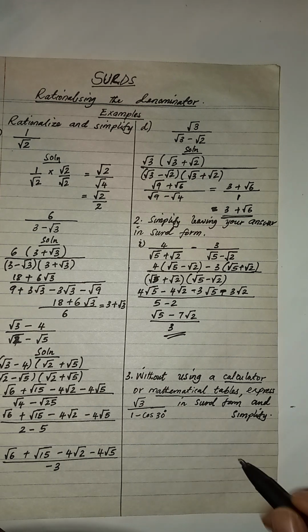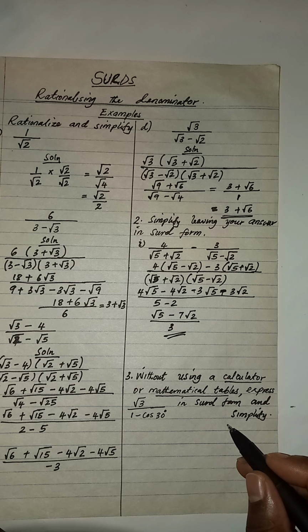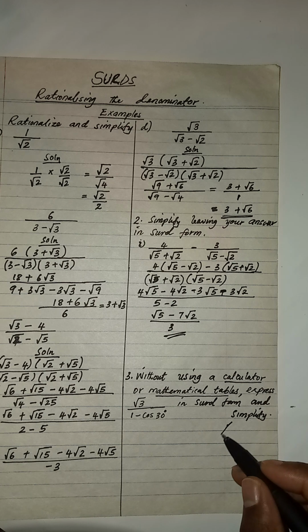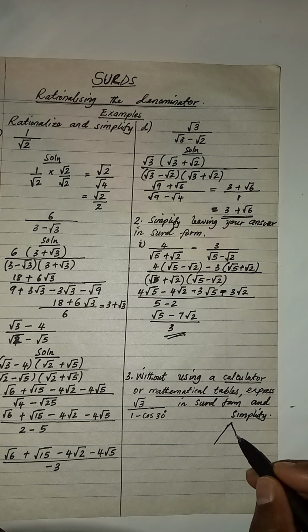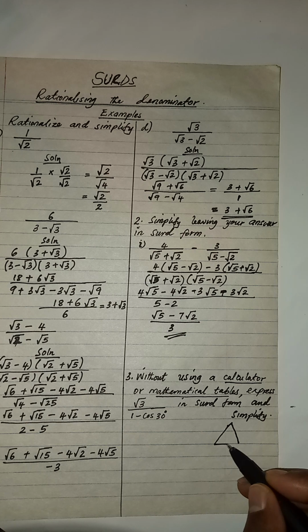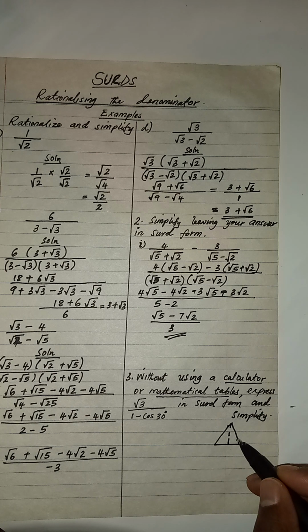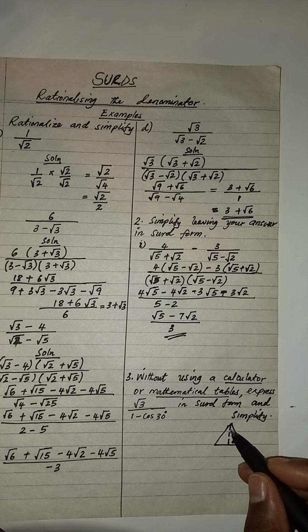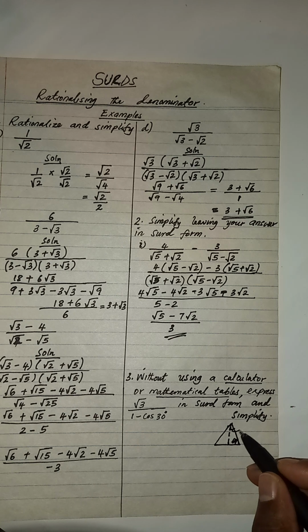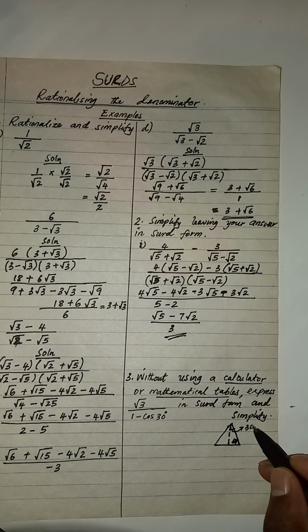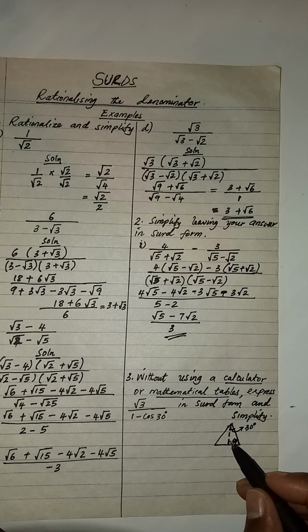So we use special angles, special triangles, whereby you can say that our angle here is 60. This angle here is 30 degrees and this is 90 degrees.